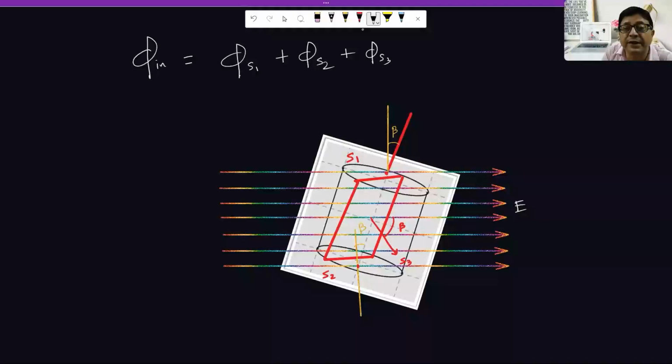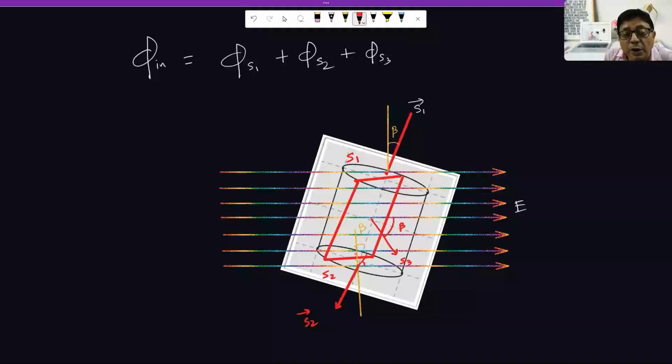The area vector is S1 vector. We have taken it this way. And here the area vector is directed in what manner? You all can see that it is in a similar way only. I have drawn the diagram already. So this is the S2 area vector. What angle will the S2 area vector make with E? That is also beta.